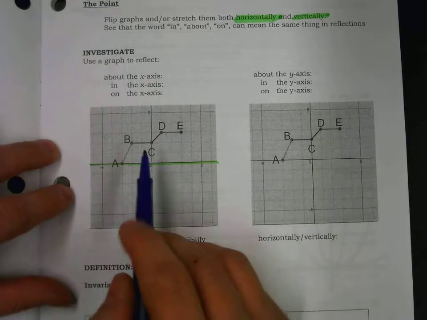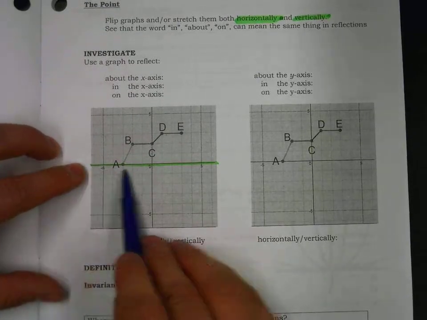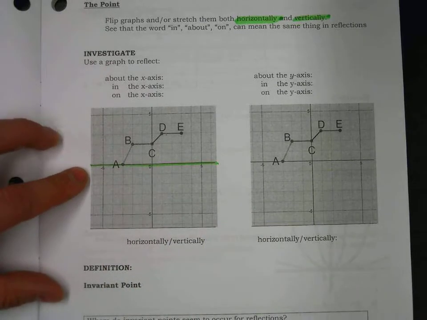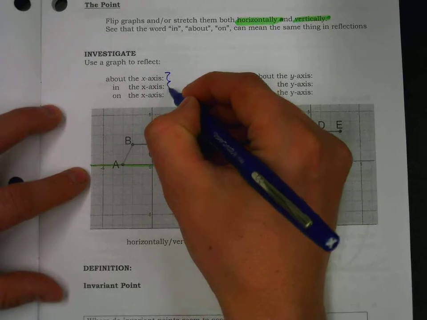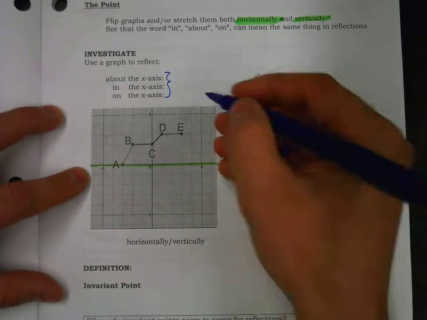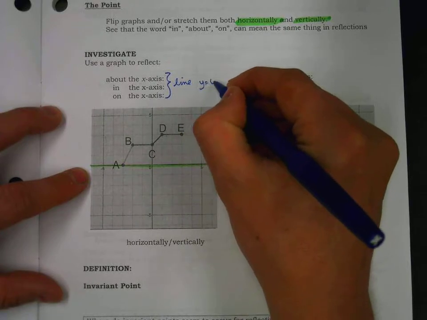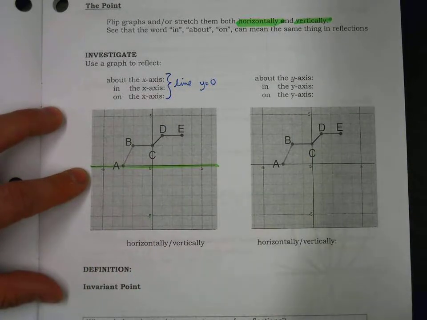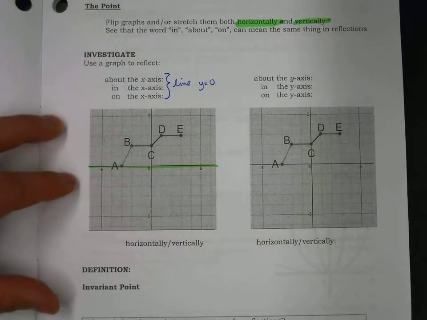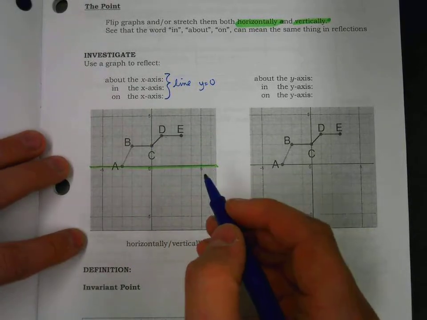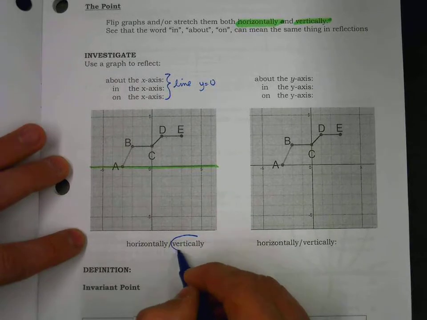If we're reflecting about the x-axis, or in the x-axis, or on the x-axis, or sometimes you're going to see it as about the line y equals 0, in the line y equals 0, on the line y equals 0, it's all referring to the same thing. And this is a vertical flip.